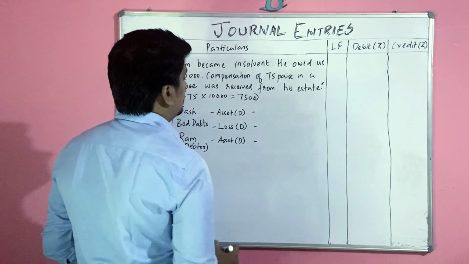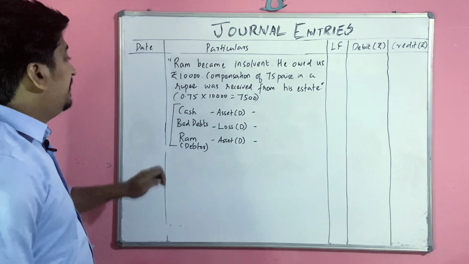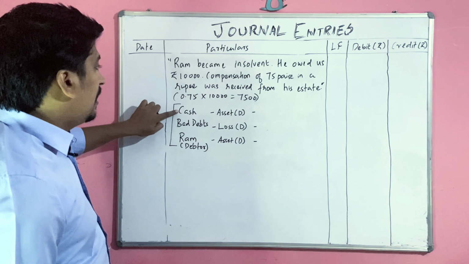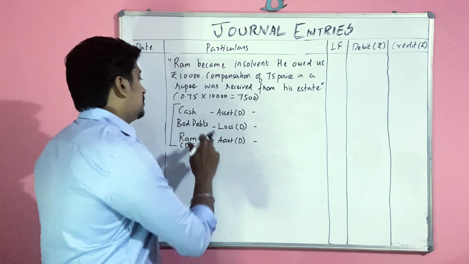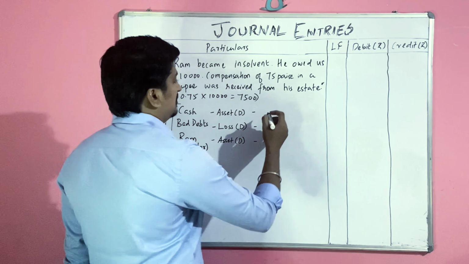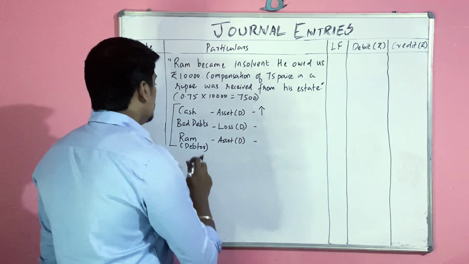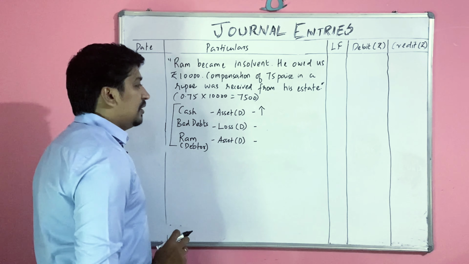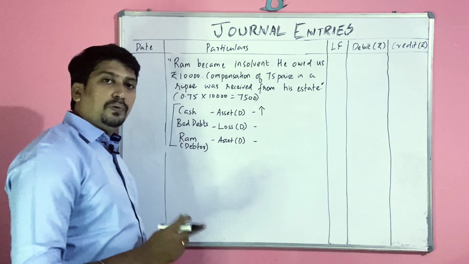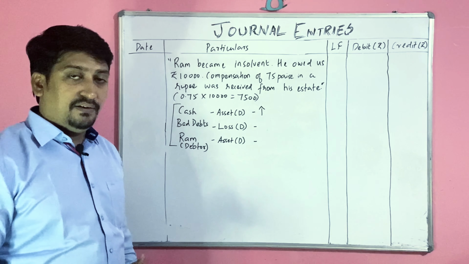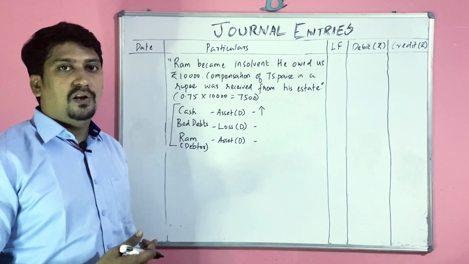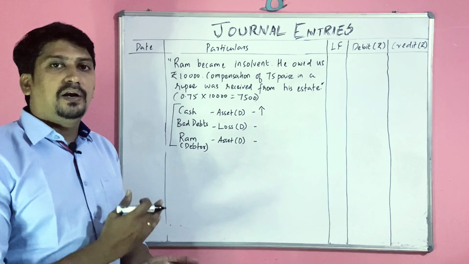Now what happens to each account? We receive cash from Ram, 7,500. So our cash will increase by 7,500. And we incur a new loss. I told you in the previous video that whenever we incur any expense or loss, we have to keep recording them.